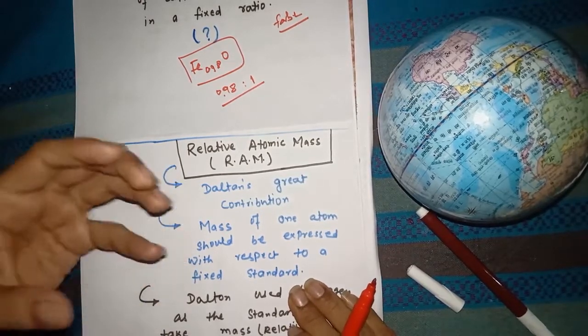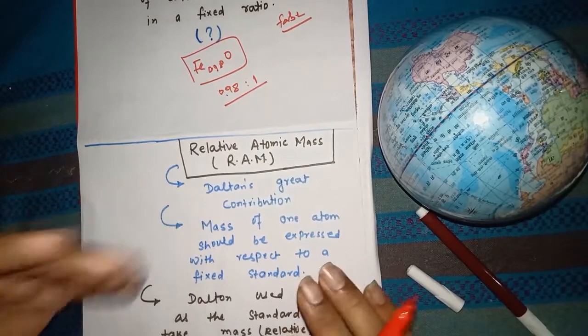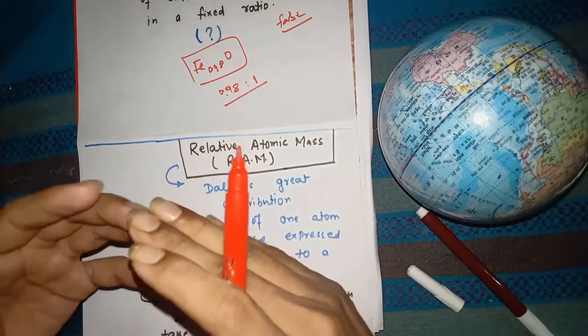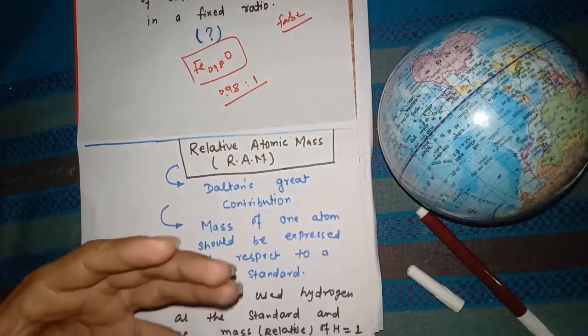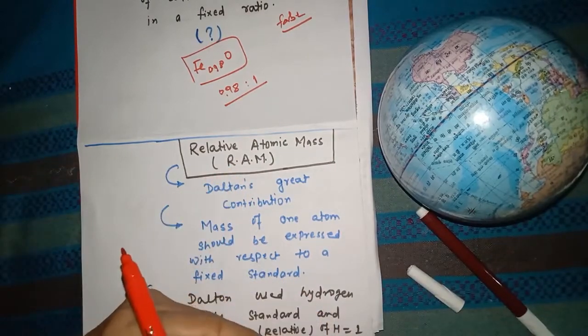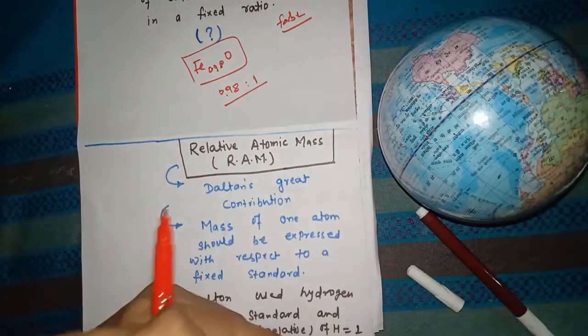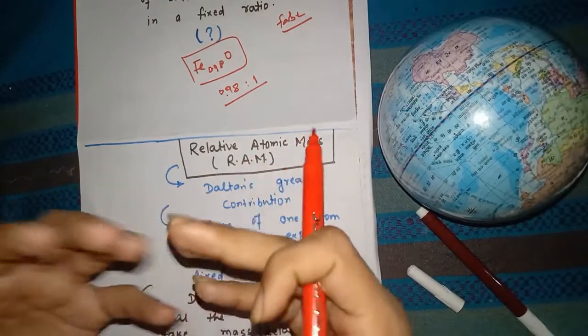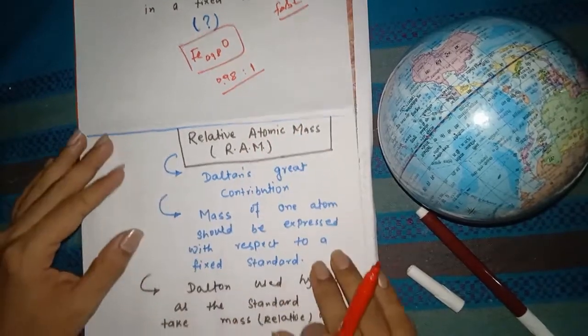As in science, we know that we have to take a standard by which we can measure the data, using it as a reference. So in physics and in mathematics also, we have to take some standard reference.